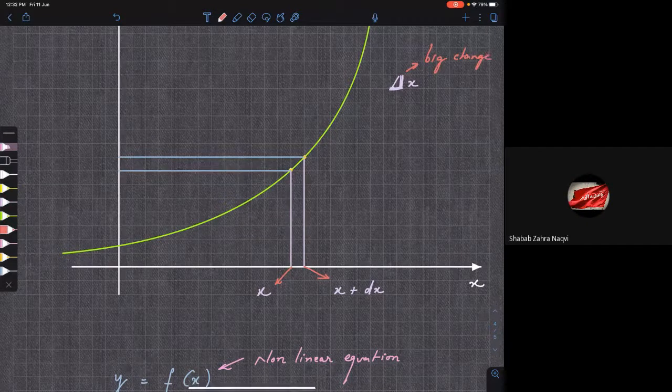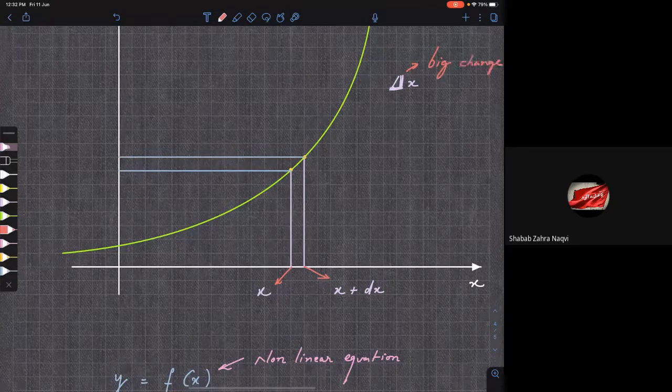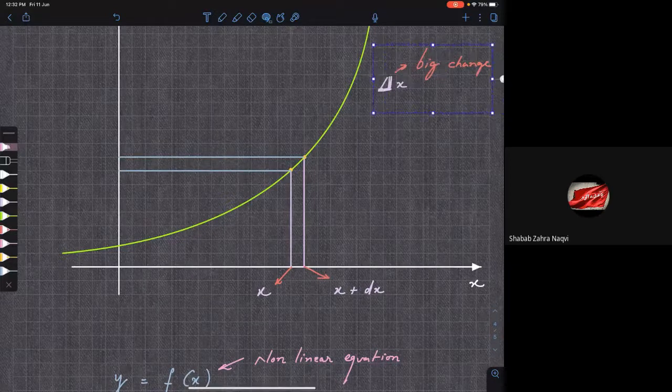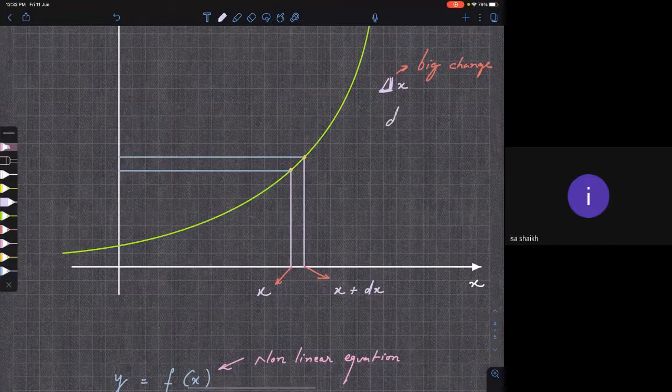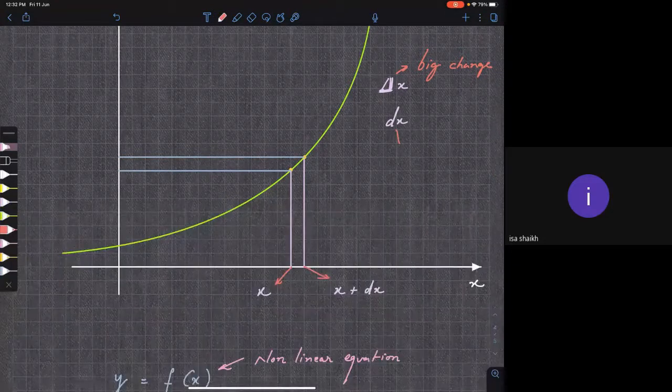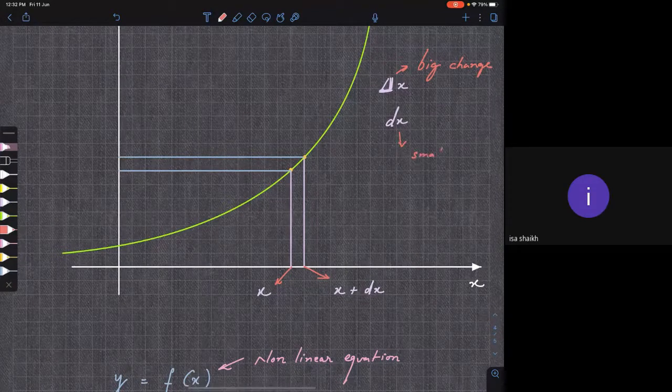Now in Greek, delta is capital D, a big change, and small d is small d only. So what is dx? A small change in x. This is a small change in x. Do you agree?